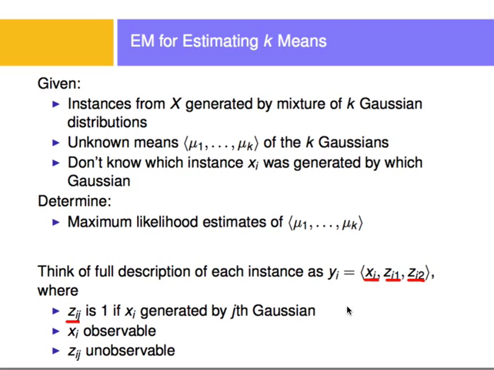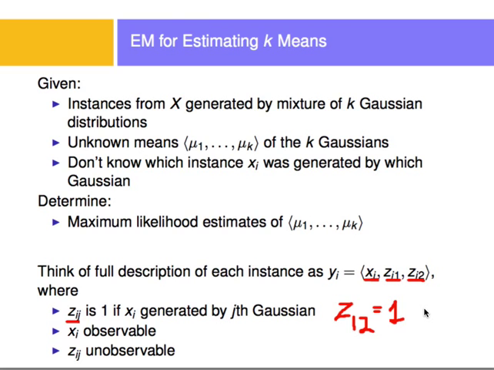So we can say, for example, z_12 will be 1 if x_1 was generated by the second Gaussian.